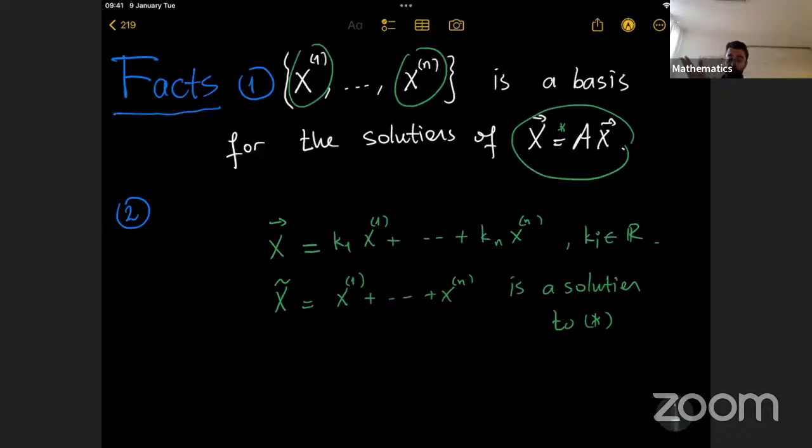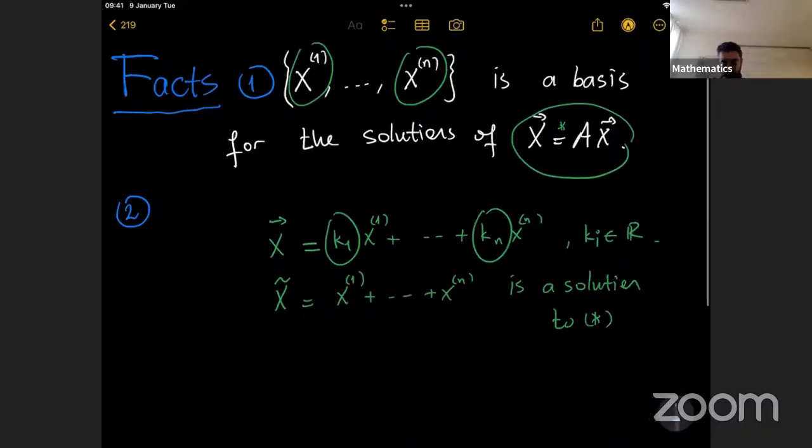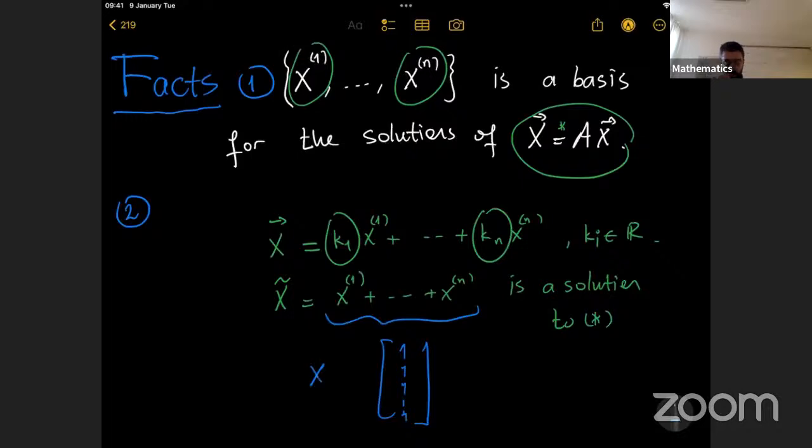But there are also other solutions. So in order to get other solutions, we need to change these coefficients, okay? Okay, yes, I got it. Thank you. And this is actually the solution of this system with the initial value. What is the initial value here? The initial value will be 1, 1, 1, 1, okay? They will be all 1. x of t0 is equal to this, right? Get it? Yes. Good.